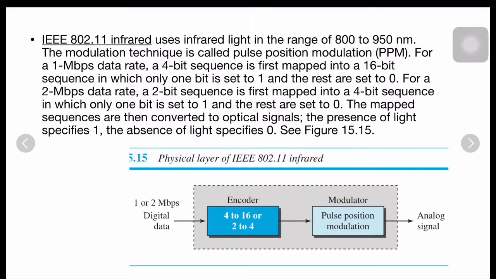Next comes the infrared. The input is 1 or 2 megabits per second digital data. It uses 4 to 16 or 2 to 4 encoder. Next is the modulation that uses pulse position modulation methodology, that is PPM modulation methodology. The output signal will be analog signal.